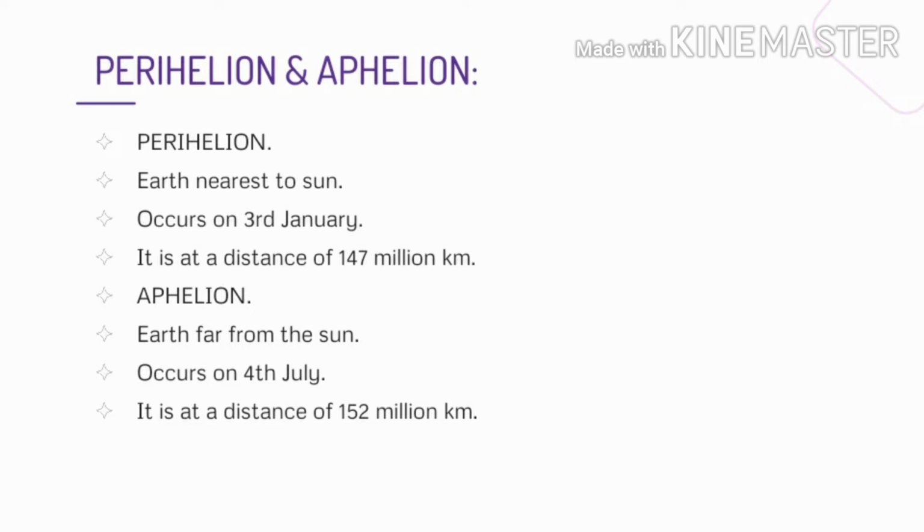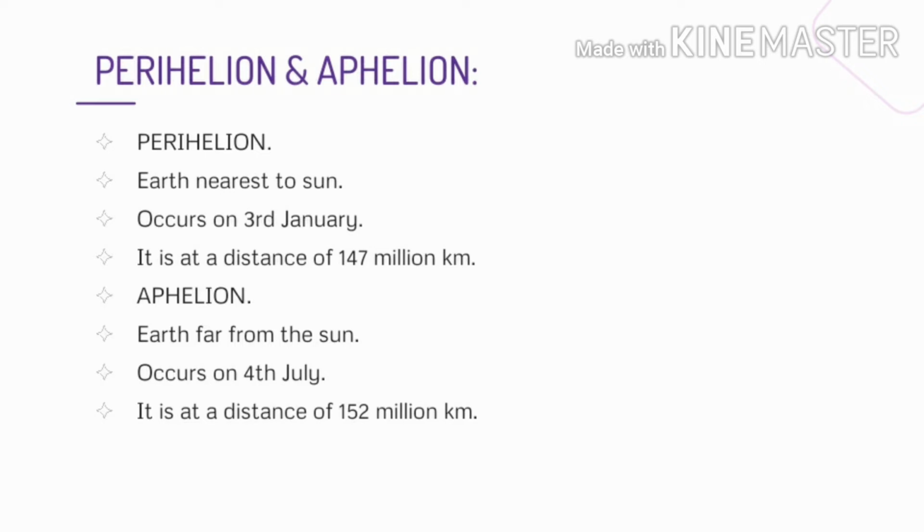It is when Earth is nearest to the Sun, especially on 3rd of January, when the Earth is just 147 million kilometers away from the Sun. Perihelion is derived from the Greek words peri, meaning around or near, and helion, meaning the Sun. That means around or near the Sun.